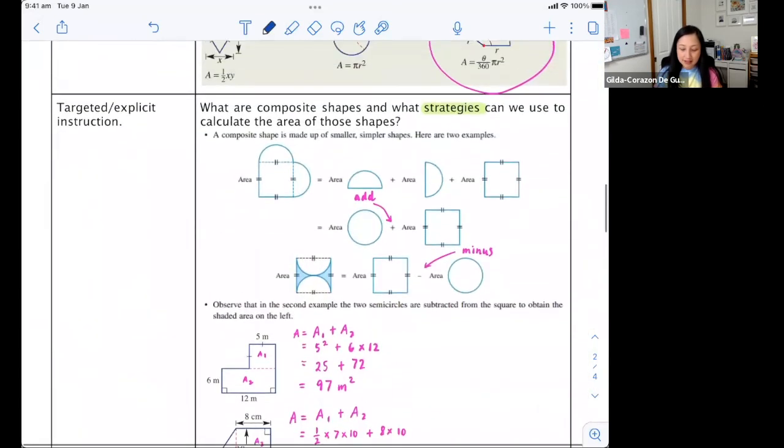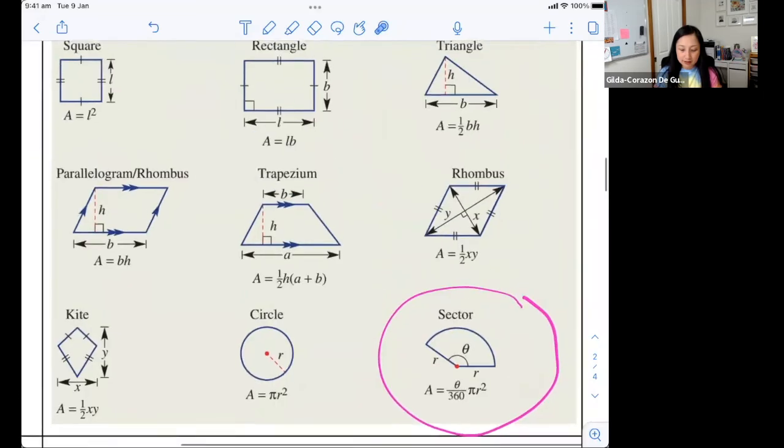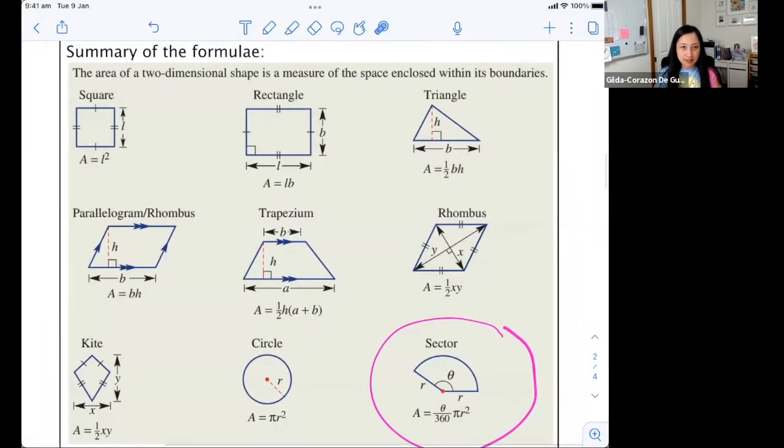Or again, the focus here would be the strategy. How are you going to strategize to figure out the area of these shapes? Are you going to add? Are you going to minus? Or are you going to flip or move around some of the little parts so that it becomes those simpler shapes that you've got there?